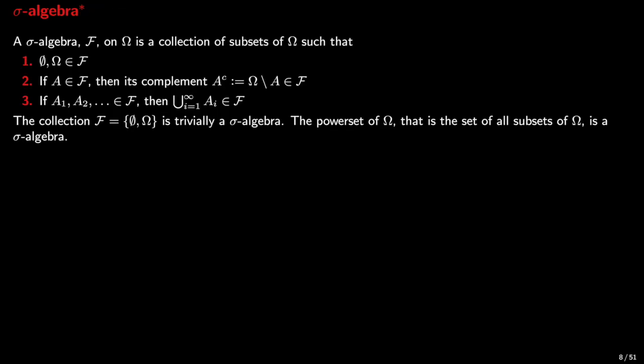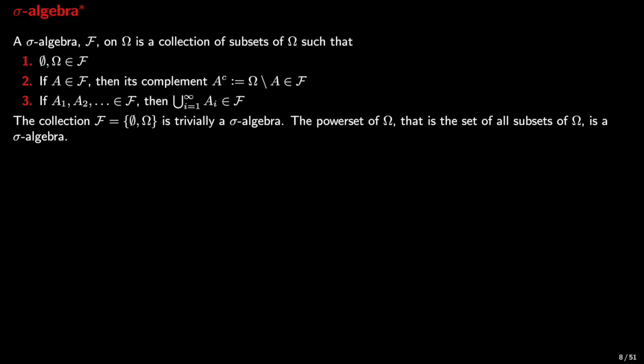We talked about the collection of all events, and we said that this is called the sigma algebra. Now, a sigma algebra must satisfy certain axioms that deem it meaningful, to avoid certain paradoxical cases. A sigma algebra must satisfy these three conditions.